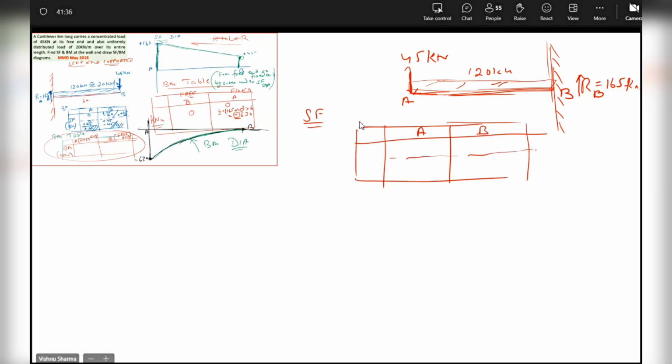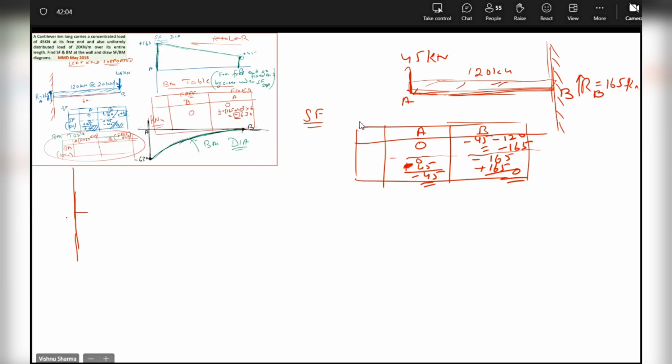Both need to be divided, we have already discussed. SF: 0, minus 45, minus 45, minus 45, minus 120, minus 165, minus 165, plus 165, 0. And then the SF diagram comes like this.